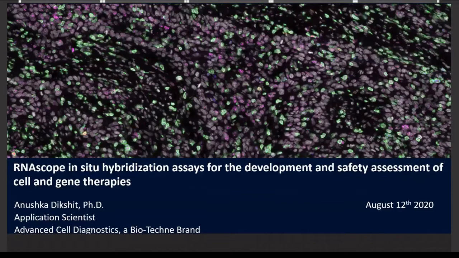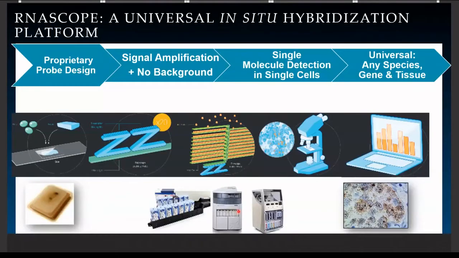Okay, so welcome everyone, and thank you for this opportunity to let us talk about our unique technology and its applications, specifically today in cell and gene therapy. So for those of you who are not familiar with our RNAscope platform, it's an in situ hybridization technology which was specifically designed to overcome some of the traditional limitations of an ISH assay, while still giving you that high sensitivity and specificity of detection.